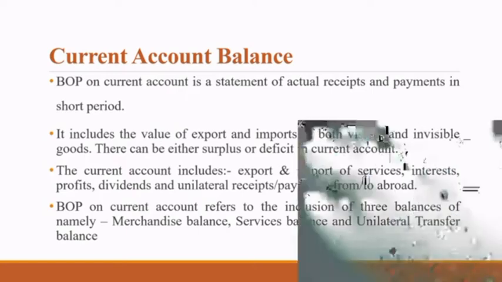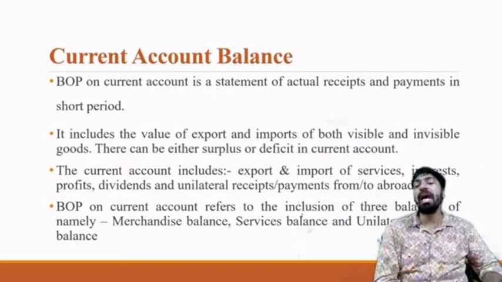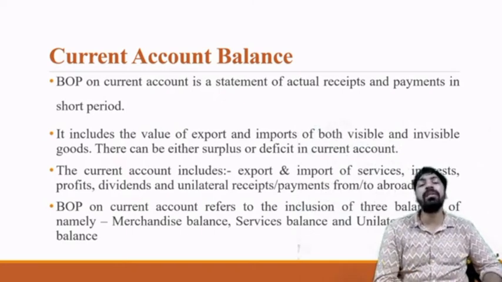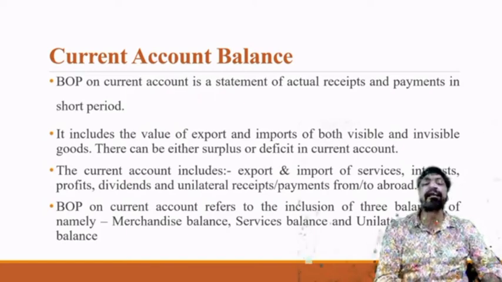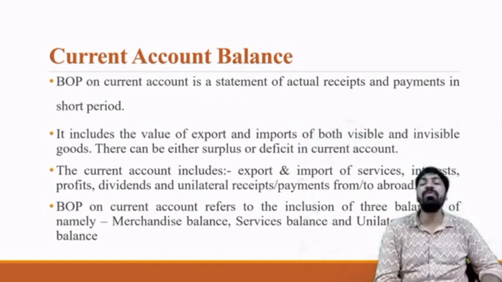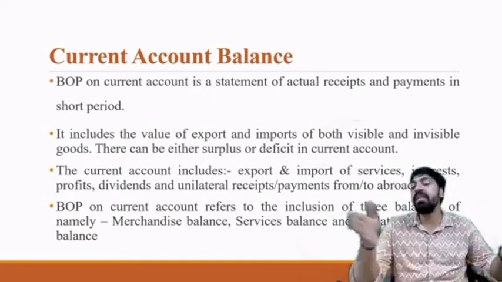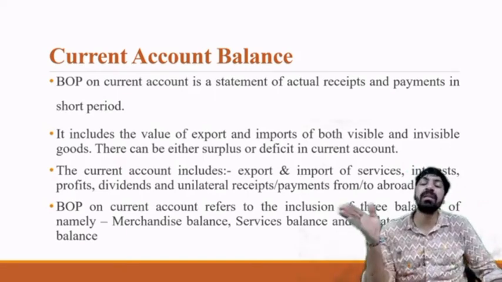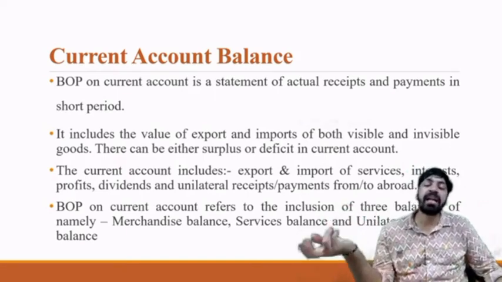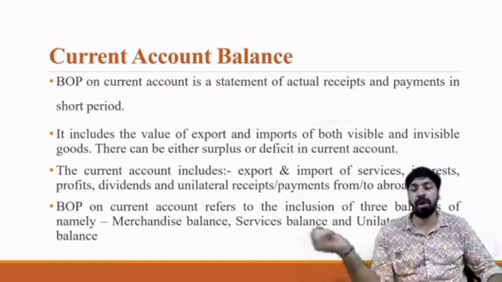When we talk about the balance of payment on current account, it includes three balances. The first one is the merchandise balance, where we talk about the visible items. Then the services balance, where we talk about the invisible items, because invisible items include services like banking, medical, and so on.